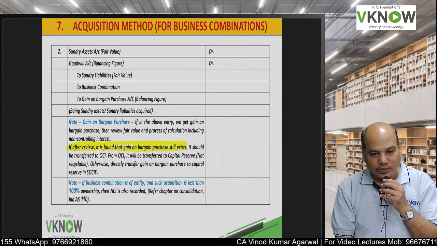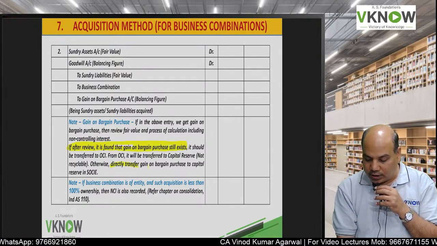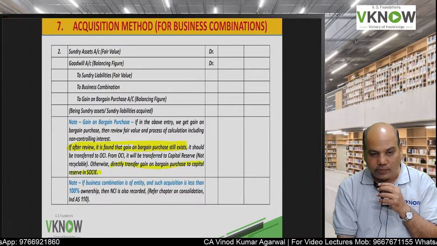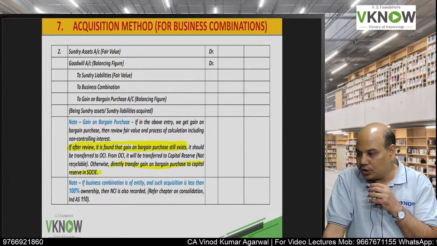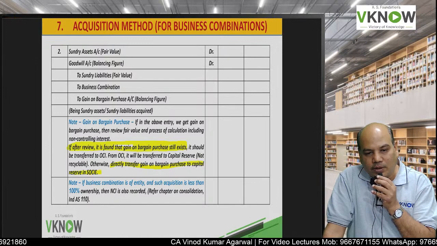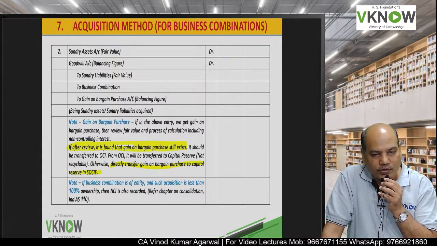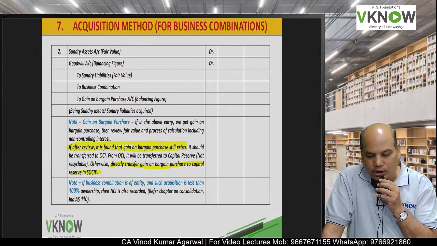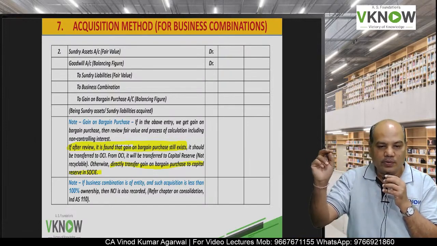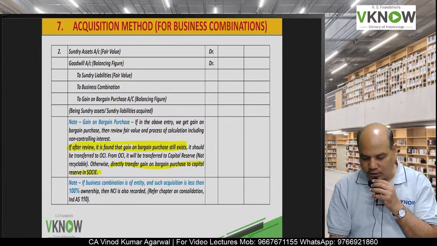Then the answer is you transfer directly to capital reserve in SOCIE. If you think all processes have been correctly applied, then you transfer it to OCI first. Otherwise you transfer it directly to capital reserve in the statement of changes in equity.